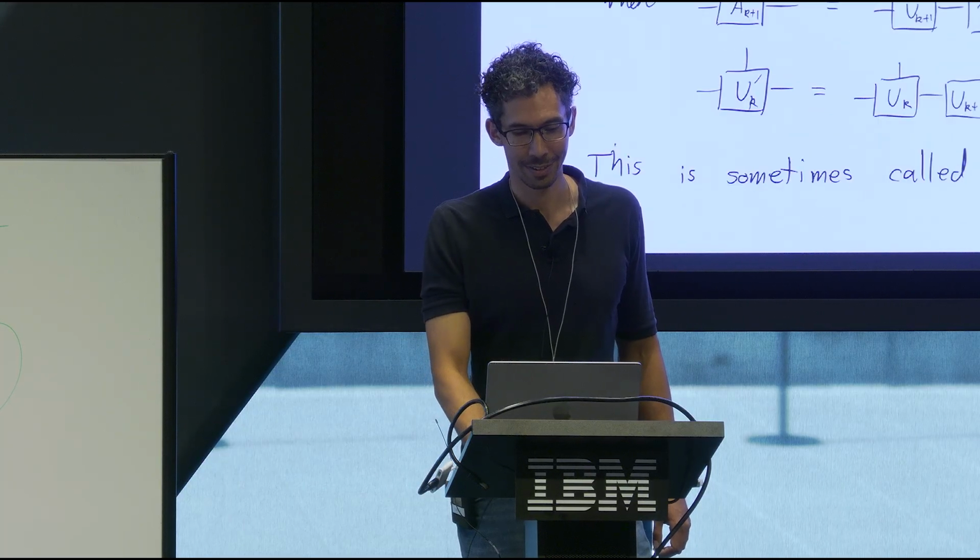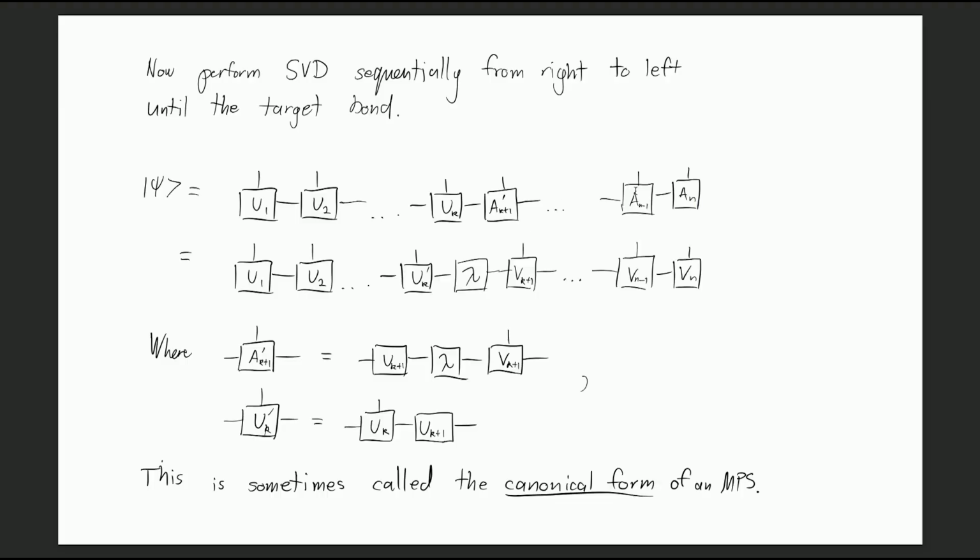All right. And then you do the same thing coming from the right. So you start from the right-hand side, do SVD, keep the unitary, and then absorb the other two into the next tensor, and so on. And what you'll have in the end is something that looks like this.